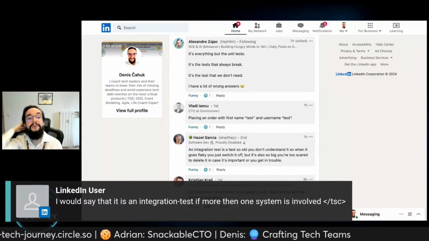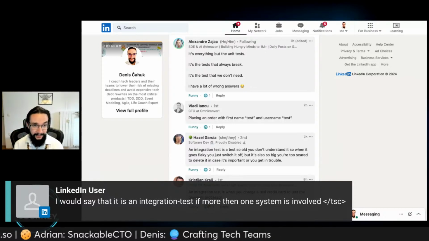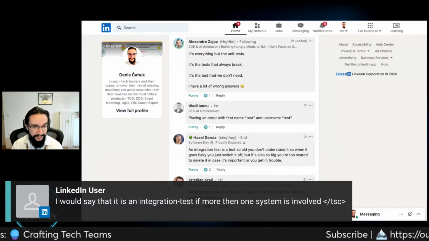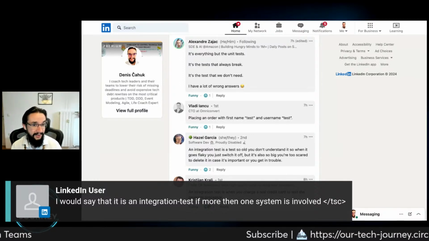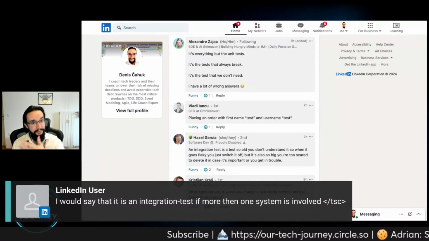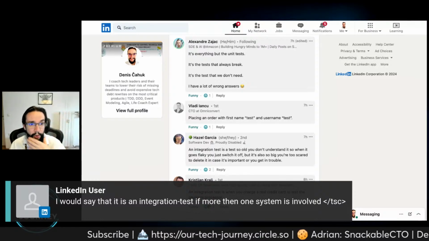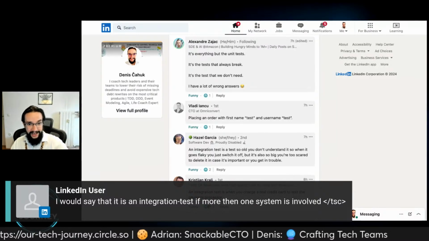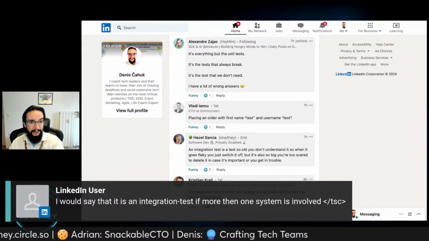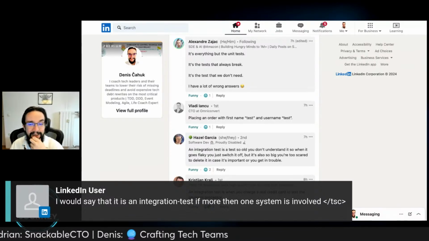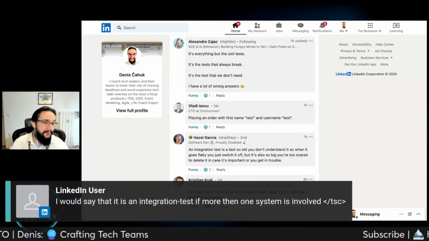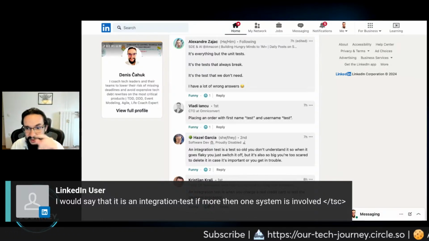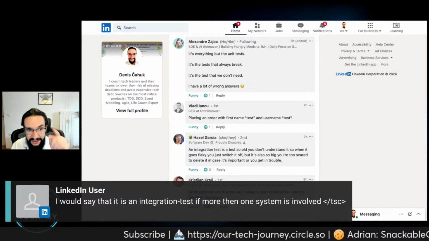Because I can play this game all night long. I can say, an integration test is when I have one integration point and test it. But then I need to ask, what is an integration point? What are the boundaries of an integration point? So we want to get to the core, where my follow-up question is that your answer isn't, well, it depends. Good try. Thank you. I would love to dig deeper into this. We're definitely headed the right way.